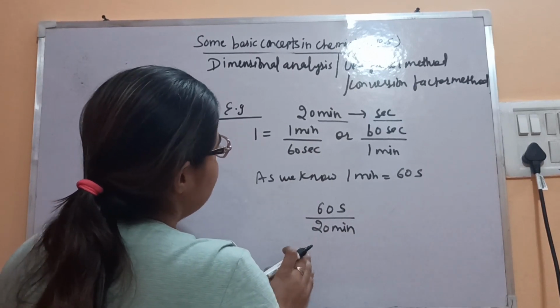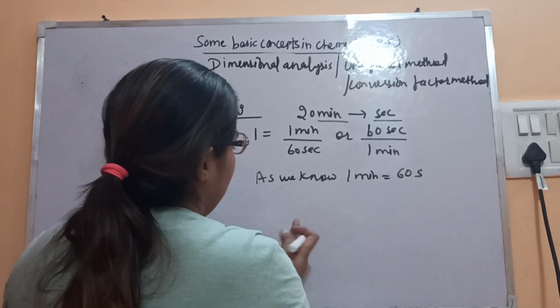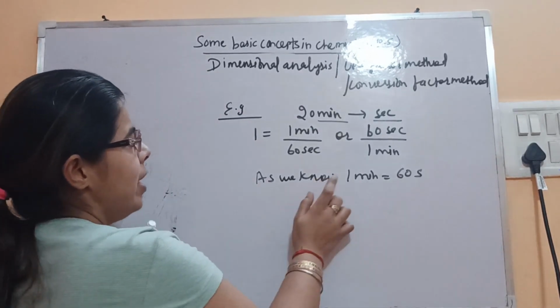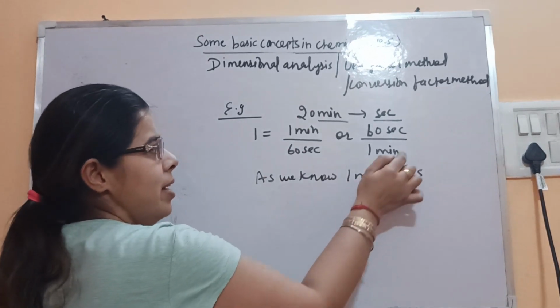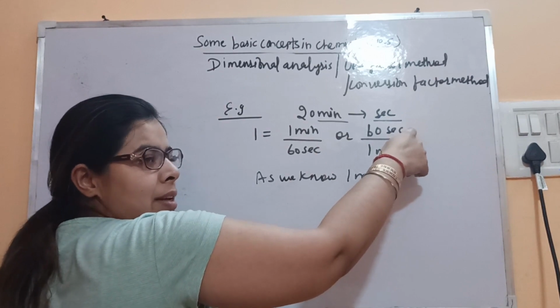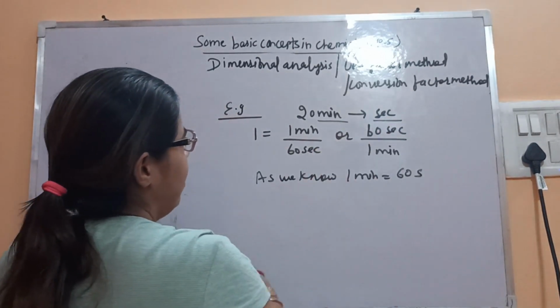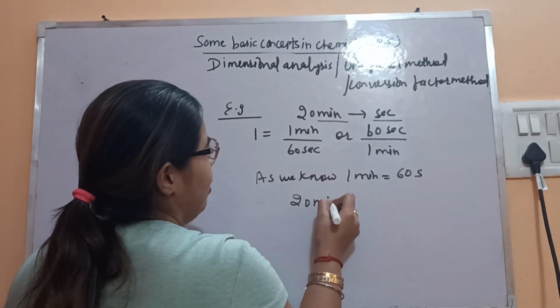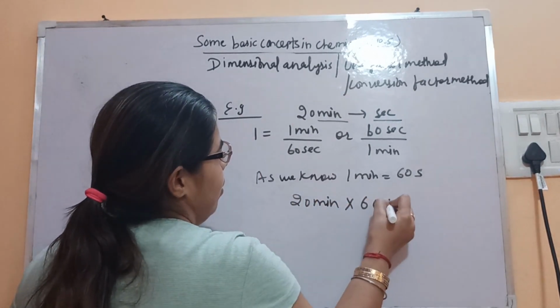So which conversion factor is required here? The unit that needs to be converted remains in the denominator, and the one which is required remains in the numerator. So we'll use this conversion factor. Whatever is given, multiply that with the given conversion factor and you will get the desired unit.